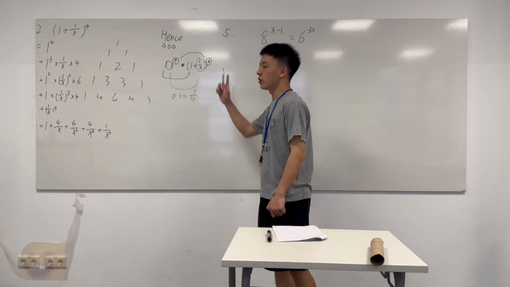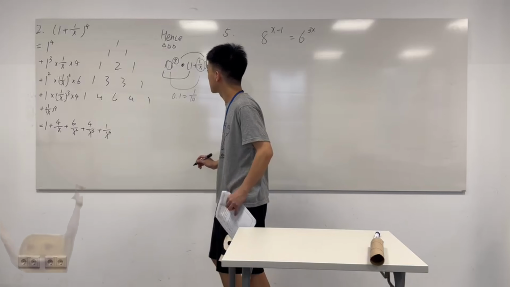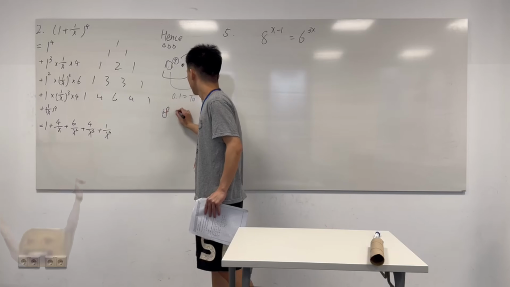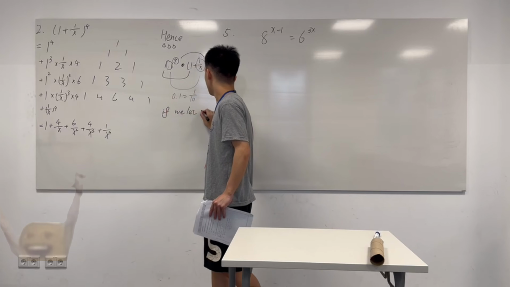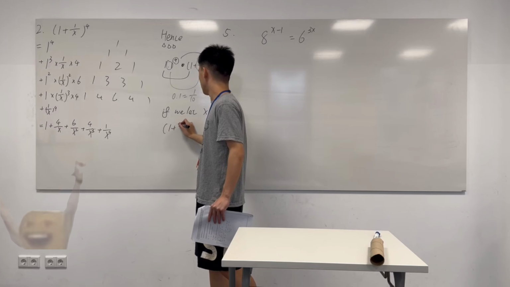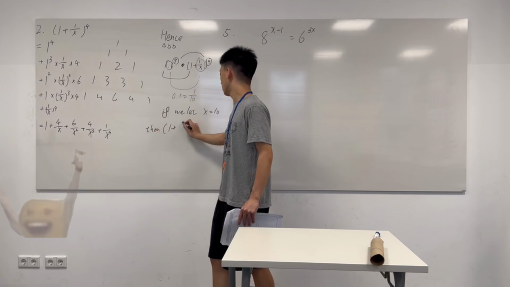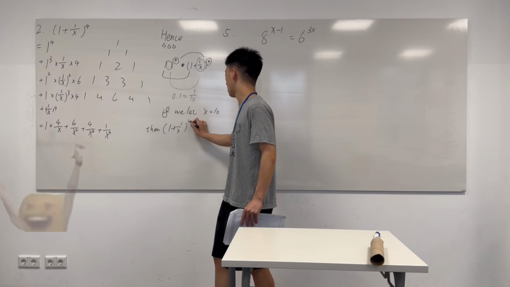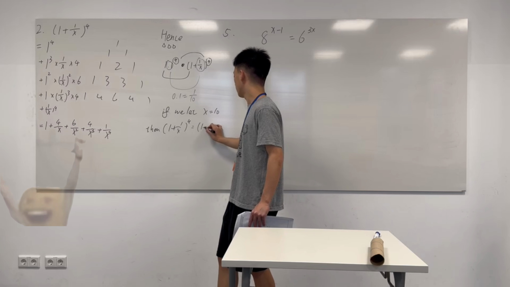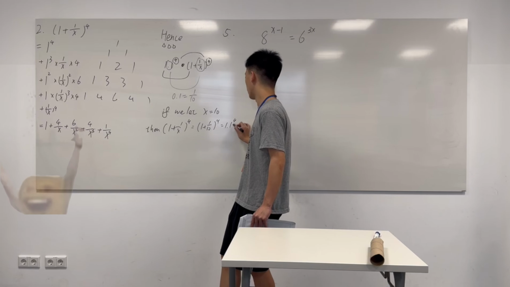So 1 over 10 and 1 over x is similar. So, if we let x equal 10, then (1 plus 1 over x) to the power of 4 is equal to (1 plus 1 over 10) to the power of 4, which is 1.1 to the power of 4.